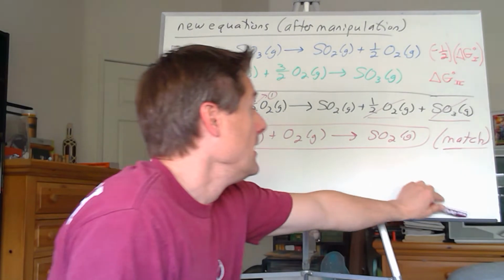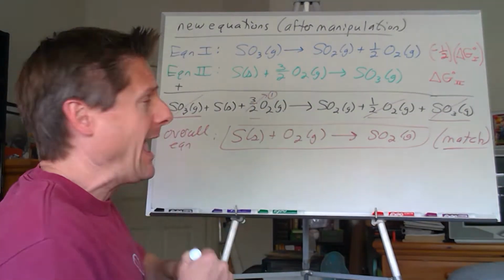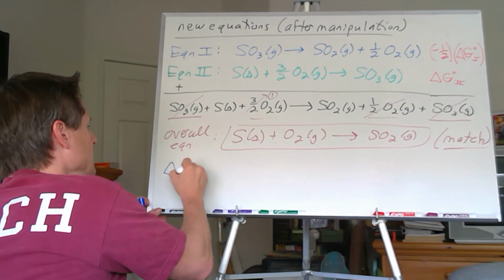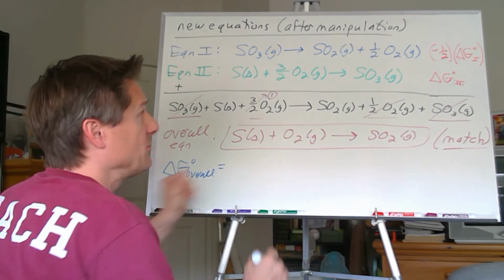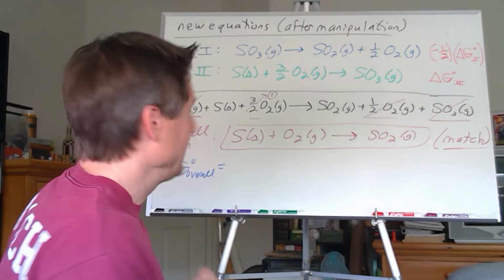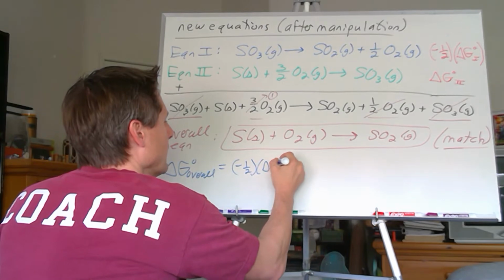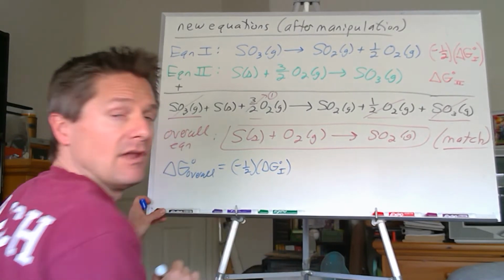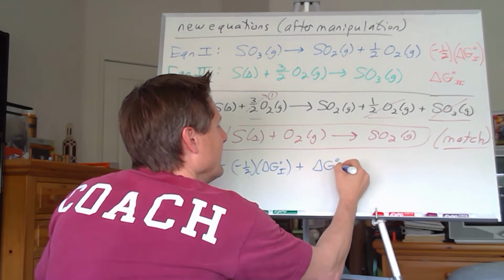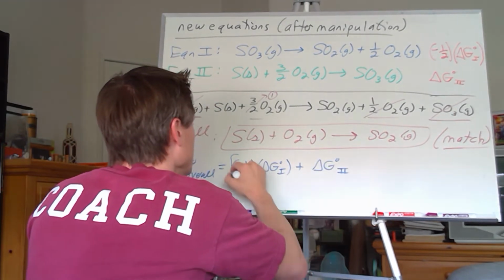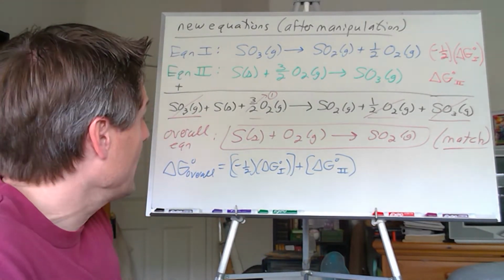Well, from Hess's law in thermodynamics, we know when we add equations together, we add the delta G's. So delta G overall will just be those two added together. So it's going to be negative 1/2 of the original delta G given in 1, plus the original delta G2, because we did not manipulate that equation.